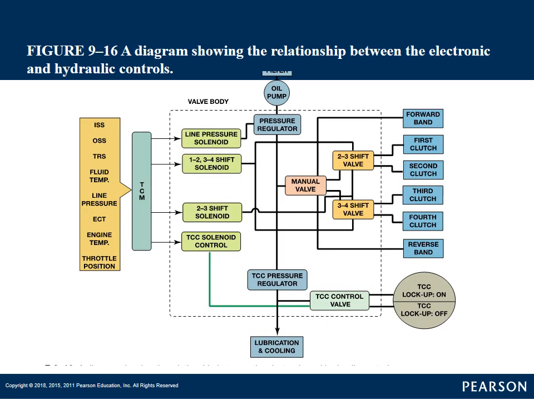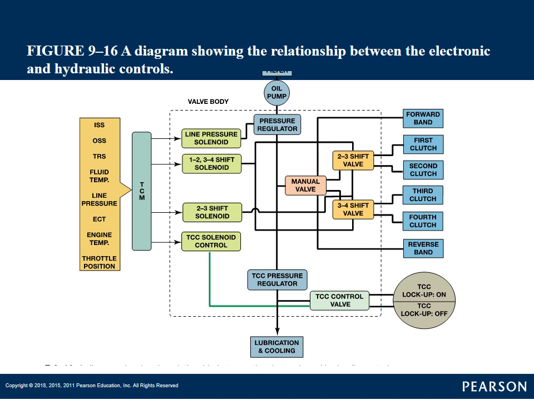Here they're kind of putting it all together. As you can see, we have a pressure oil pump, our pressure regulator, which is controlled by what they're calling a line pressure solenoid. We call it our EPC, our electronic pressure control solenoid. We have our shift solenoids, our torque converter solenoids.